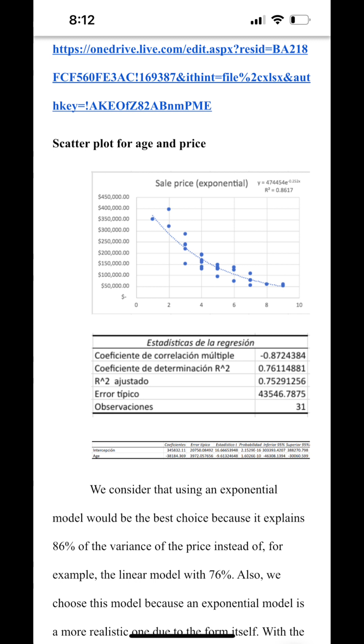The correlation between both variables was of minus 0.87, which means that it was a negatively strong correlation because of the value that we got.